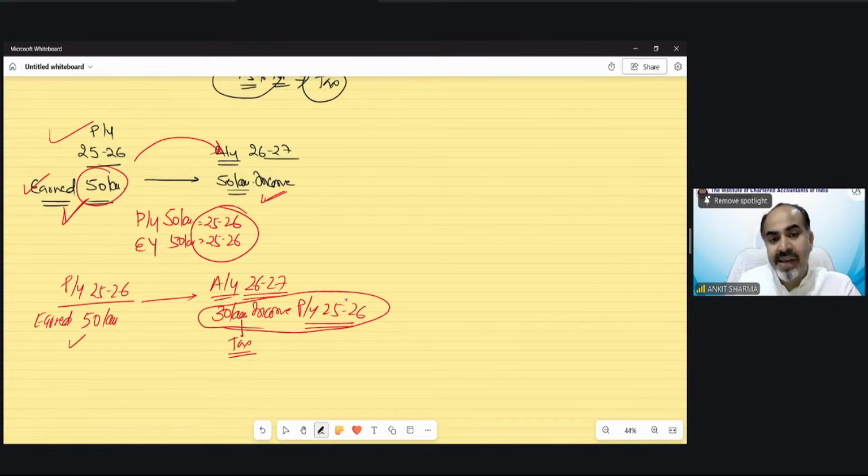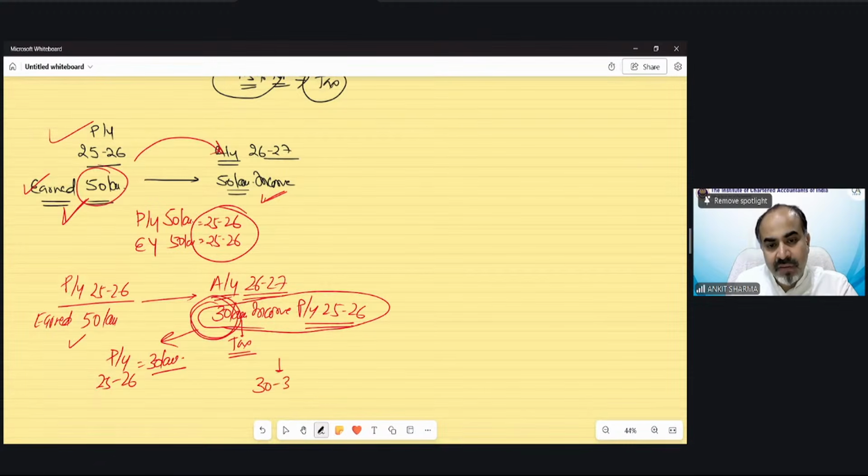Now, as per the income tax department, the previous year of this 30 lakh rupees would be 25-26, because the department does not know about the 20 lakh rupees income that you have escaped. Now suppose after 4 or 5 years, in year 30-31, the income tax department comes to know that you have escaped income of 20 lakh rupees.